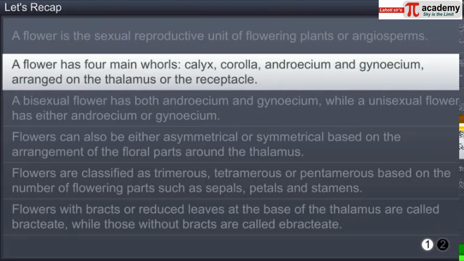A flower has four main whorls: calyx, corolla, androecium, and gynoecium, arranged on the thalamus or the receptacle.